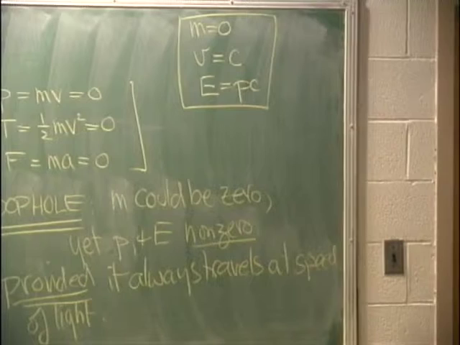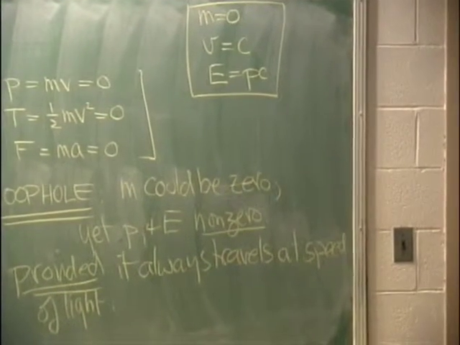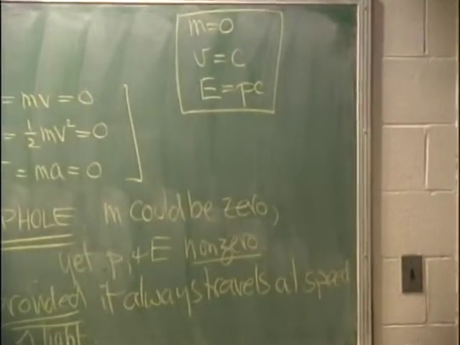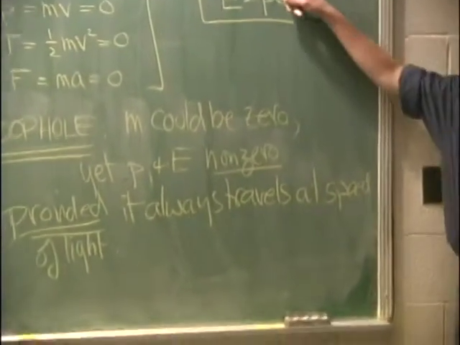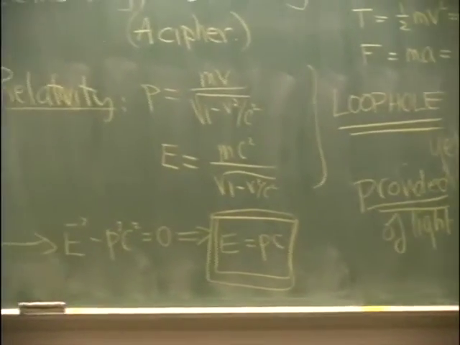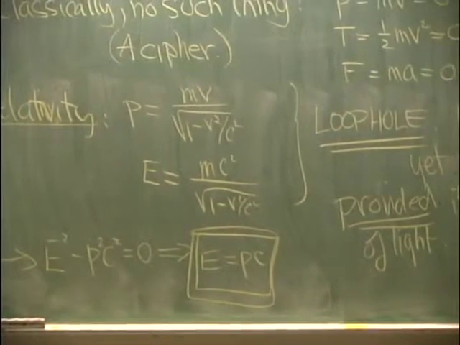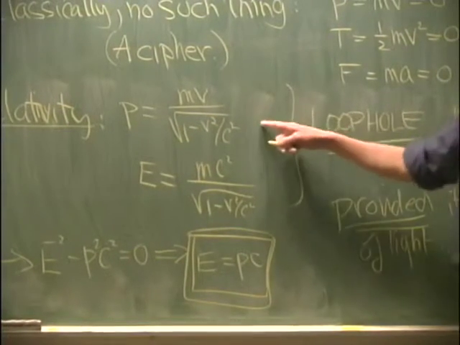I would be embarrassed to tell it in public, were it not for the fact that there are in nature massless particles. They do always travel at the speed of light, and their energy and momentum are related by the formula E equals P times c. We are forced, therefore, whether we like it or not, to take this weird loophole seriously.